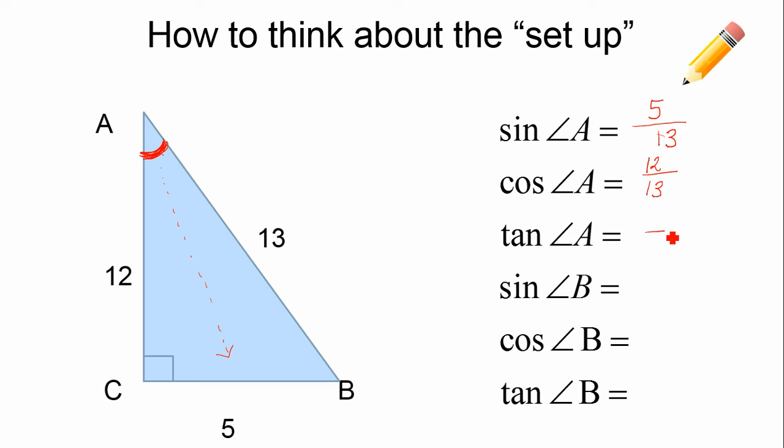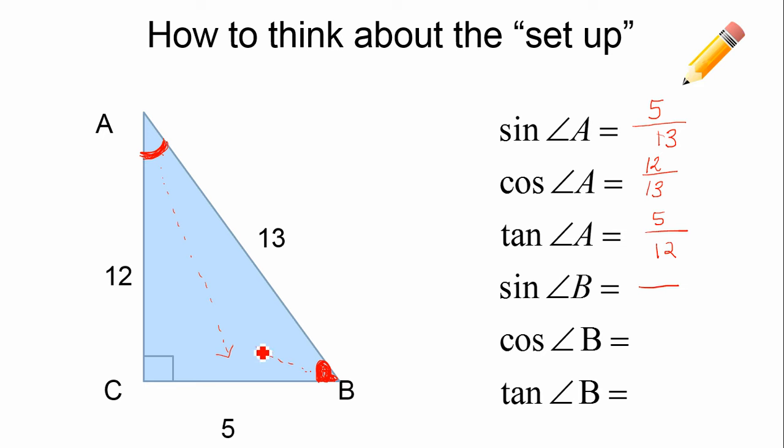Now let's look at the tangent ratio for the angle A. The tangent ratio is opposite over adjacent, so I'd say 5 over 12. Now let's switch gears a little bit. You'll notice the same sine, cosine, and tangent ratios here, but now we have angle B as our reference angle. So now we need to pretend that we're down here. Here's my angle B, and when I set up the sine ratio, I'm going to do opposite over hypotenuse.